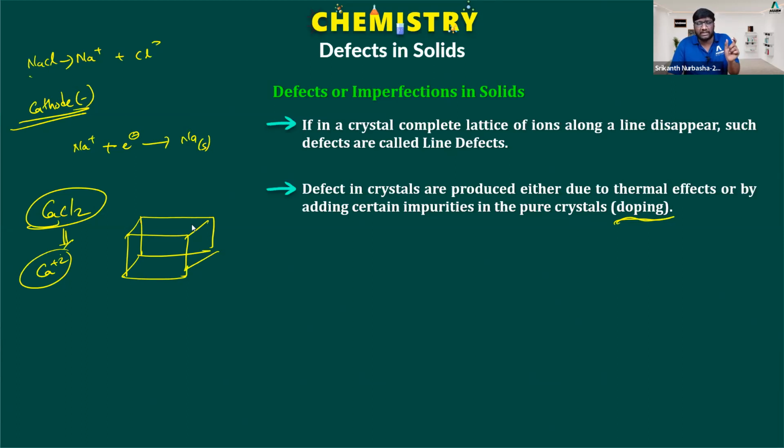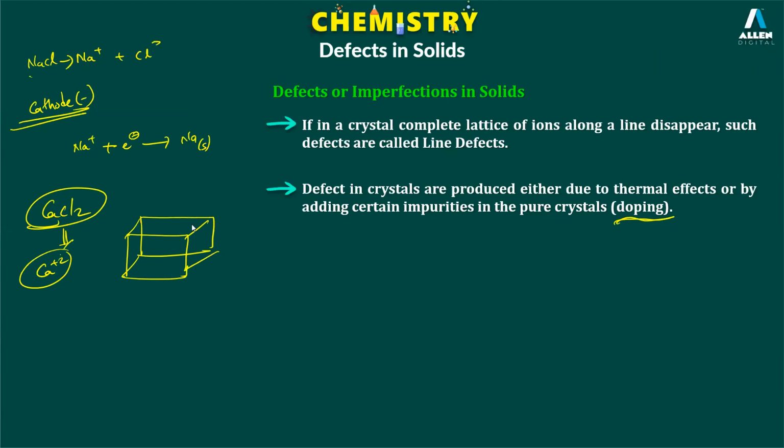To keep one Ca2+, how many Na+ have to be replaced? Two. So because of the addition of CaCl2, so that Ca2+ ions can occupy, some of the Na+ ions are lost. So we have some vacancies developed, or not? Yes. Because of development of vacancies, what happened to the lattice energy? Increased or decreased?